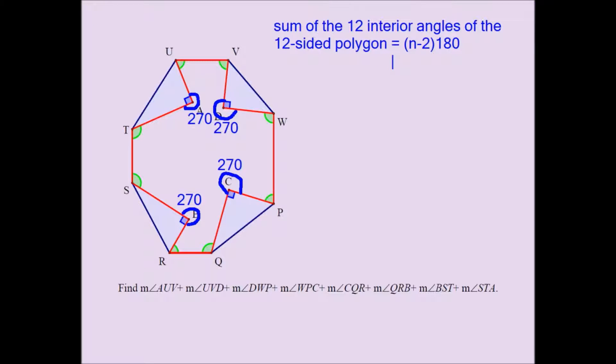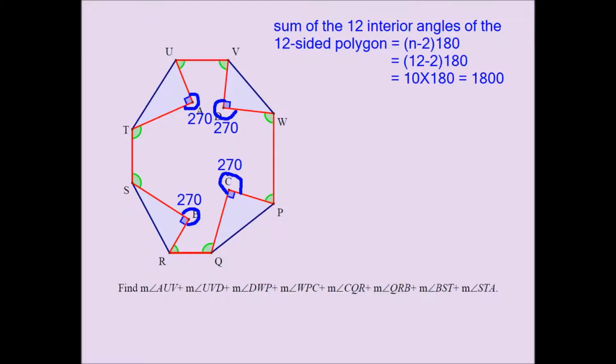If your polygon has 5 sides, it would be 5 minus 2 times 180 degrees, the sum of the 5 interior angles. However, this is 12, so we're going to replace n with 12. And that turns out to be 1800 degrees. So this is the sum of all the 12 angles.